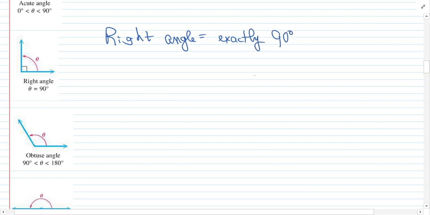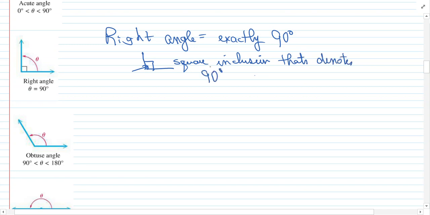It has a square inclusion that denotes 90 degrees. Very important. If you don't see this guy, if you don't see it, then it's not considered 90 degrees.